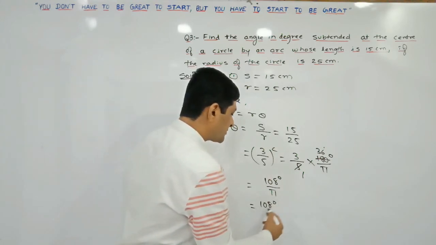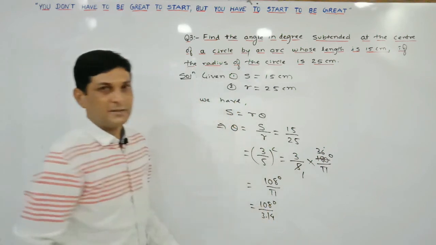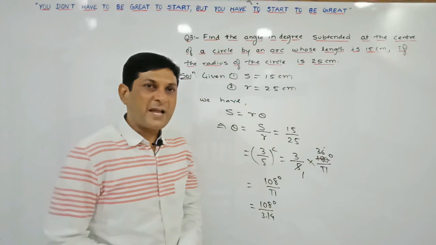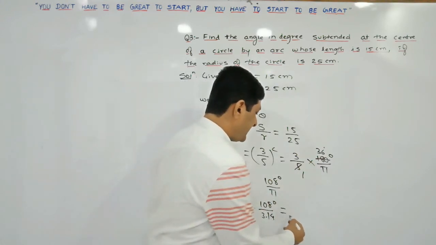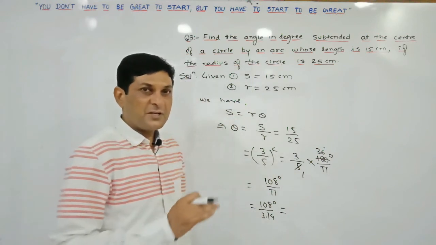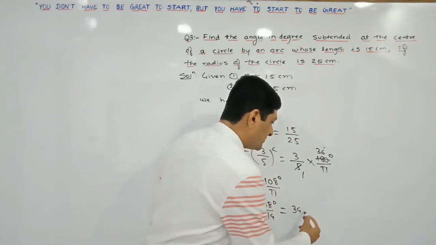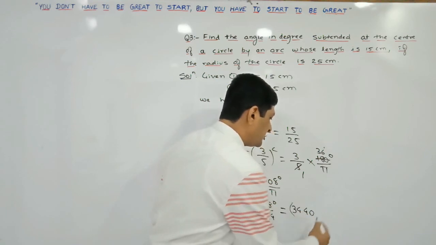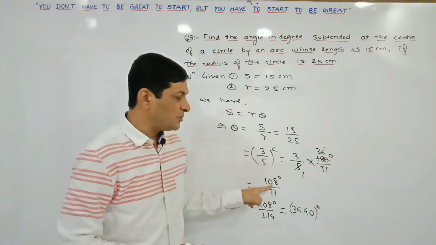It will be equal to 3.14. The remaining part is the calculation part. As you are a student of class 11th, you can easily complete the calculation part. After finding this division, let us check whether your answer is 34.40 or not. In this way we have converted this radian measure into a degree measure.